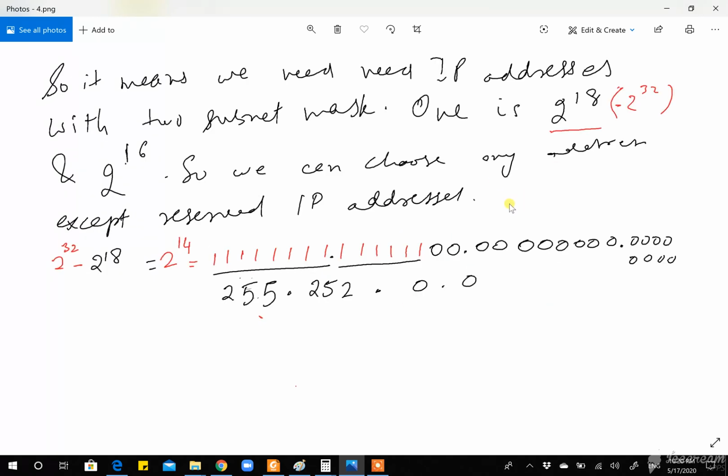Now, as I have chosen those two combinations, 2 power 18 and 2 power 16, we know that 2 power 32 is the total number of IP addresses, so we have to subtract. You know about subnet masks, you have already done this a lot in your class. For 2 power 18, we need to make 14 ones and the rest zeros. If we convert it into decimal, that would be 255.252.0.0.